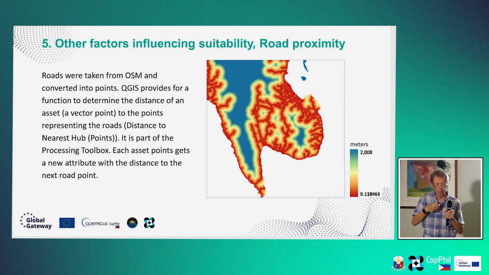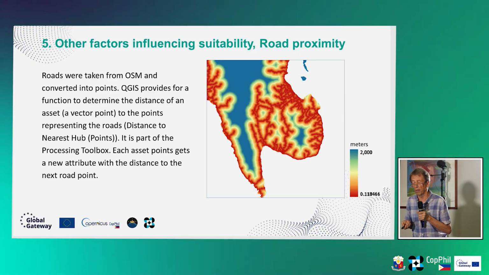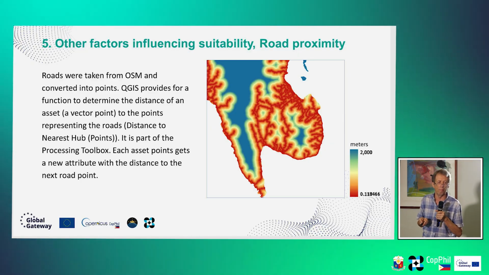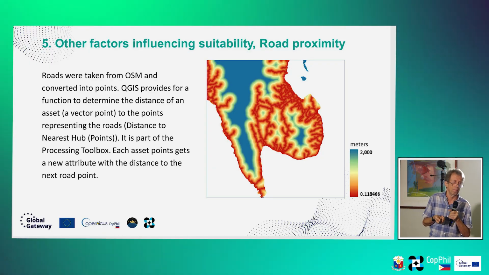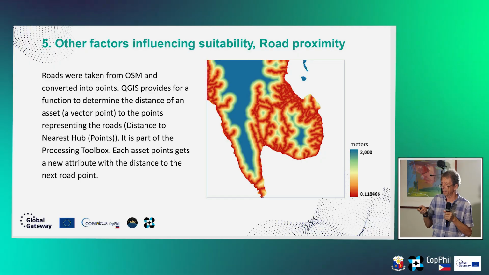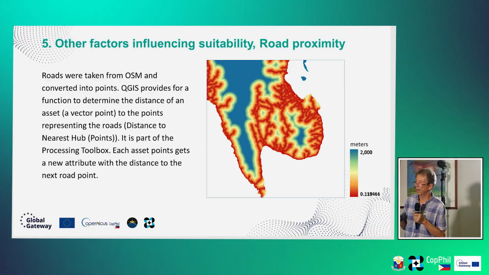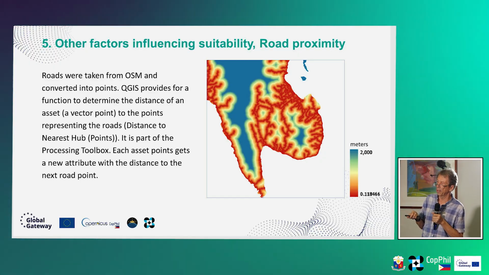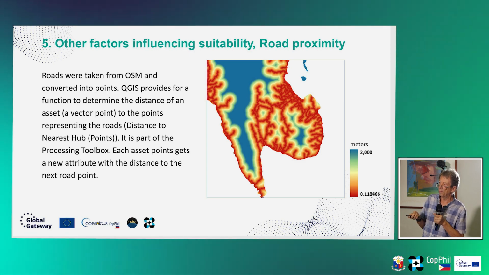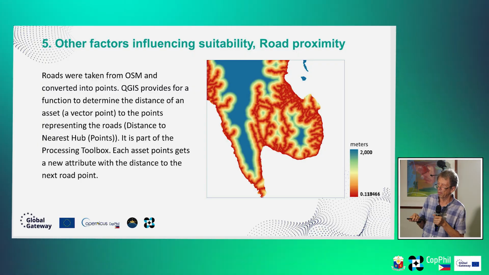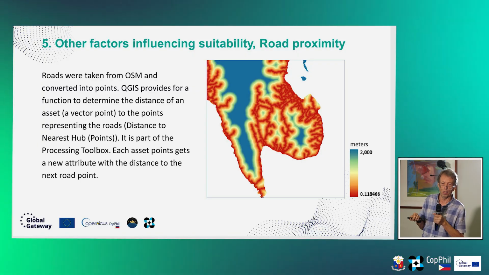So I use the roads from OpenStreetMap and made a buffer around it simply. So you see here in southern Leyte, there are areas where there's a road, and along the road to the left and the right, I have here, I think, 2,000 meters or so with the color scheme.